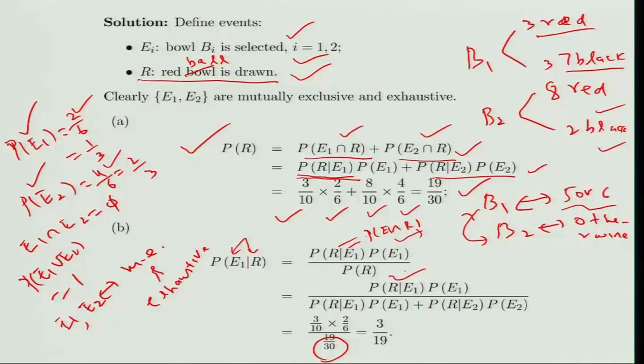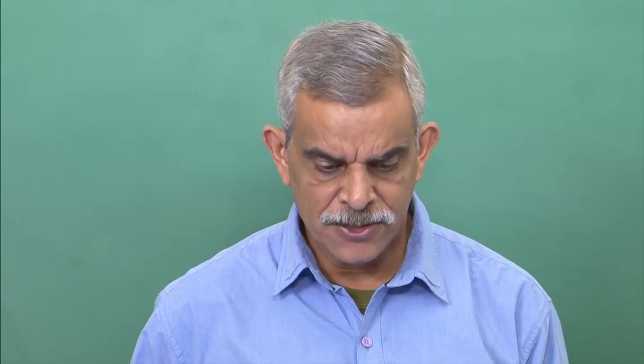What is the probability of R given E1? That also we have found out over here. That is the first term over here. Probability of R given E1 into probability of E1. So 3 by 10 into 2 by 6. If we simplify all this, it turns out to be 3 upon 19. So we saw a nice application of the theorem of total probability and Bayes' theorem through an example.